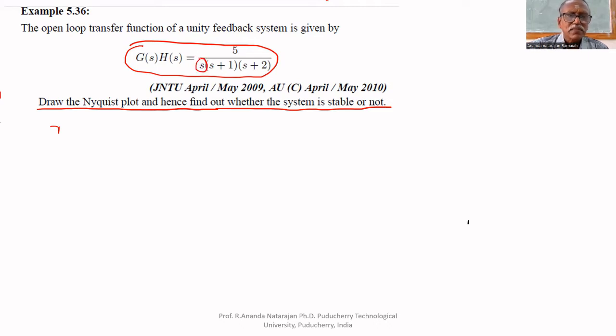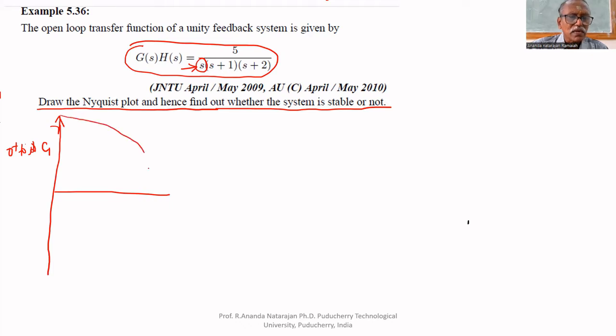In this case, because of this s, the Nyquist contour is different. What is the Nyquist contour? Nyquist contour is contour C1. It varies from 0 plus to j infinity. That is C1.